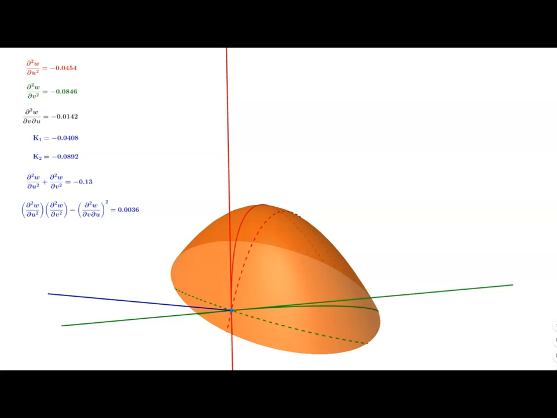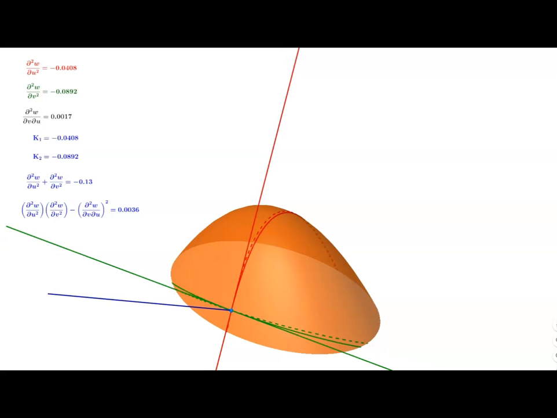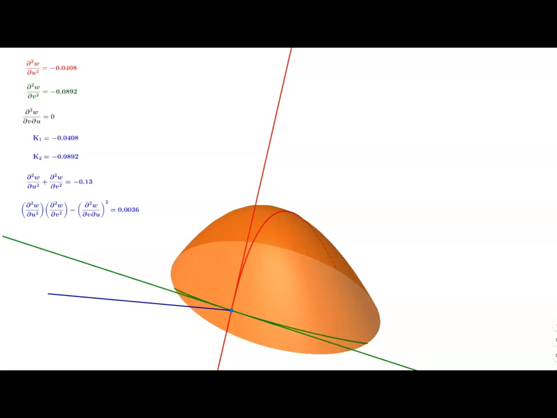Now, let's rotate this back to the optimum spot here, which would be right here. Now, since the mixed partial here vanishes, that means that this expression right here, this term vanishes to 0, and the value of these two factors are simply the principal curvatures.